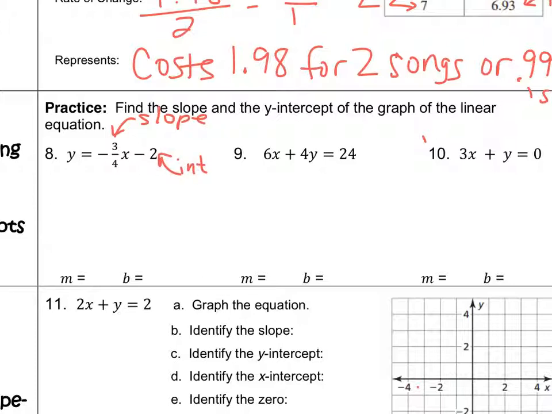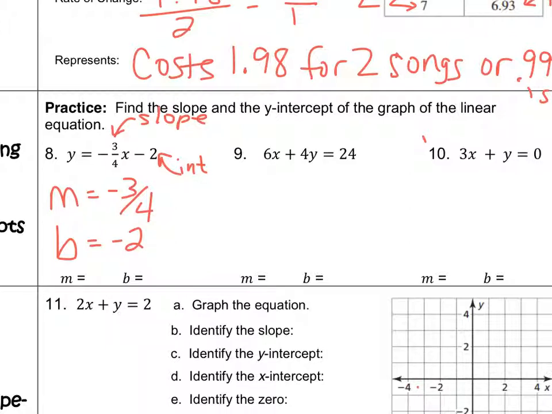So our slope, our m, equals -3/4, and our y-intercept equals -2. And the cool thing is, once we have that information, we could easily graph this line.